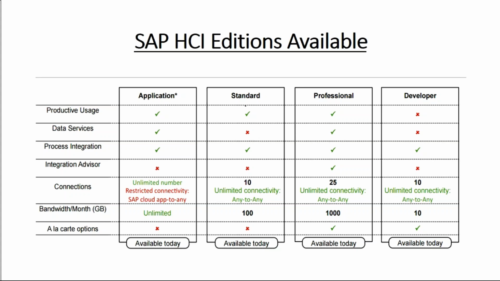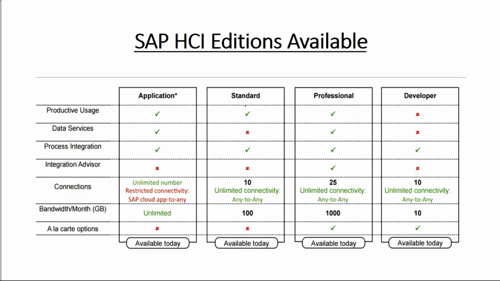In developer you won't have the data service available, but in the professional and application editions it is available. Your process integration is available across all the editions. Your integration advisor, we will see this, is very important, but it is only available with the professional edition.